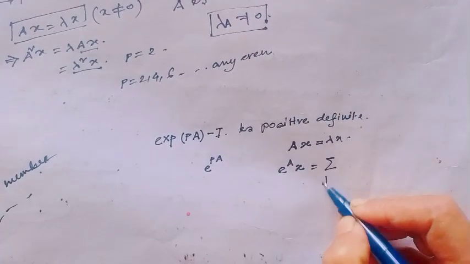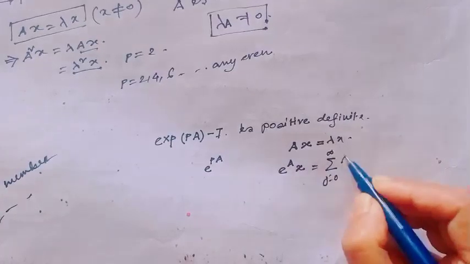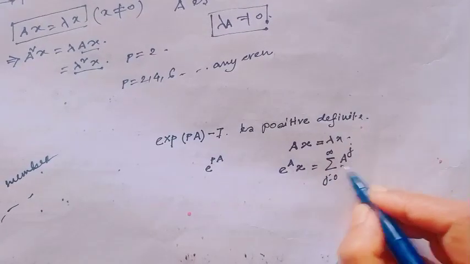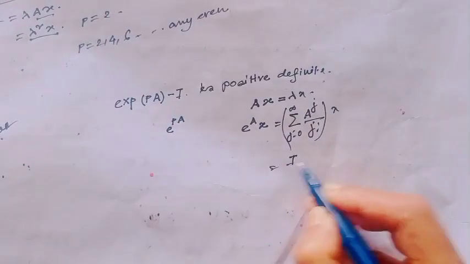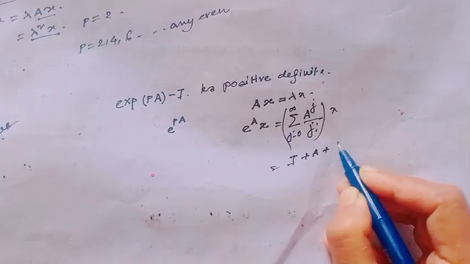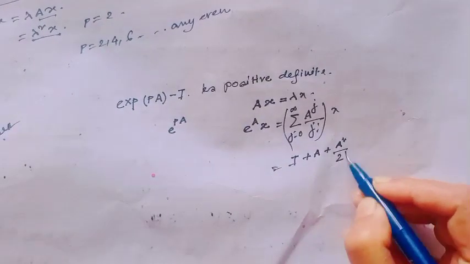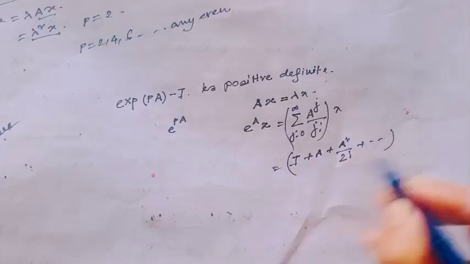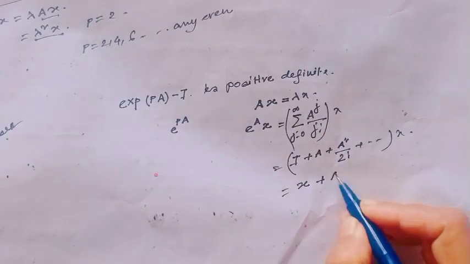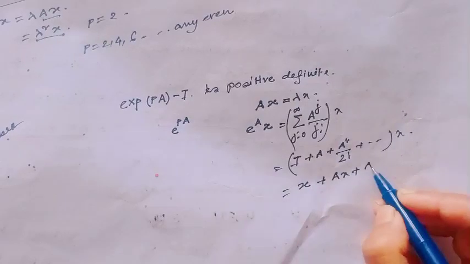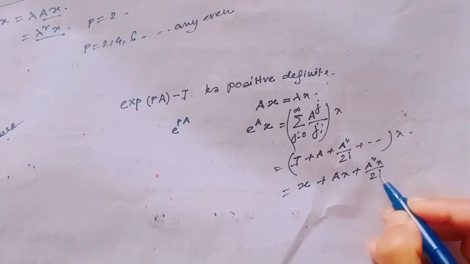summation j equal to 0 to infinity A to the power j over j factorial times x, and this is equal to I plus A plus A square over 2 factorial and so on, times x, which is equal to x plus Ax plus A square x over 2 factorial and so on.